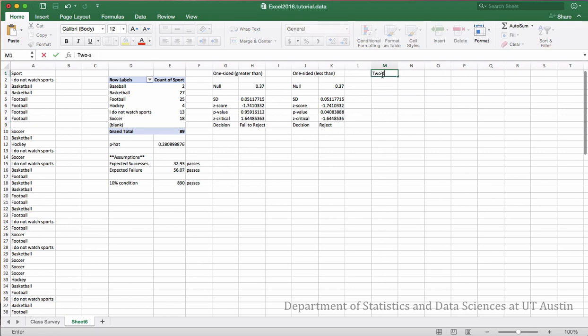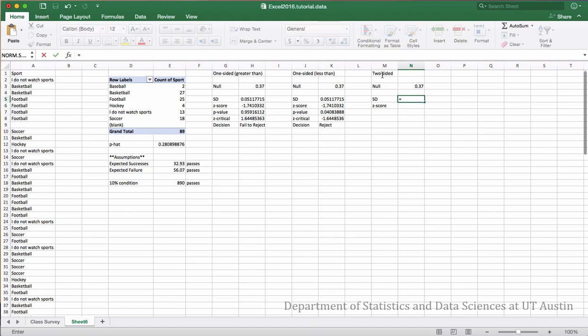Finally, we can have a two-sided test which determines whether or not it's something other than 0.37. So it could either be less than 0.37 or it could be greater than 0.37. We have to account for both directions. So our standard deviation and our z-score are going to be exactly the same. Those values will not change.